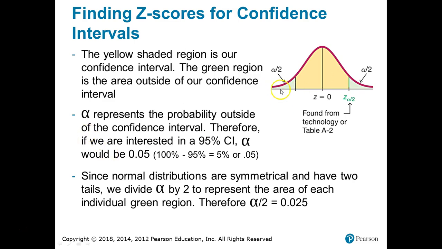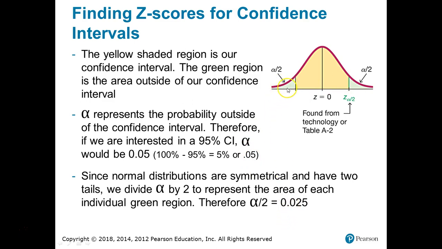Alpha would be 0.05. Now, since there are two green sections, each of these would constitute half of the total alpha value. So if the green total area was 0.05, then each of these, the left tail and the right tail, would be alpha over 2, or in this case, 0.025.